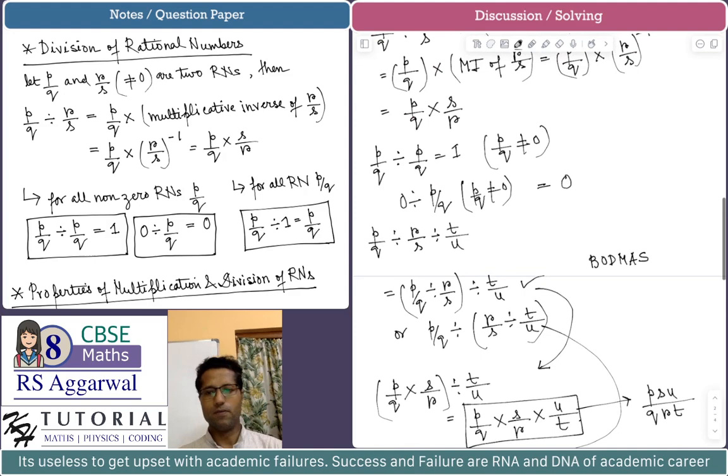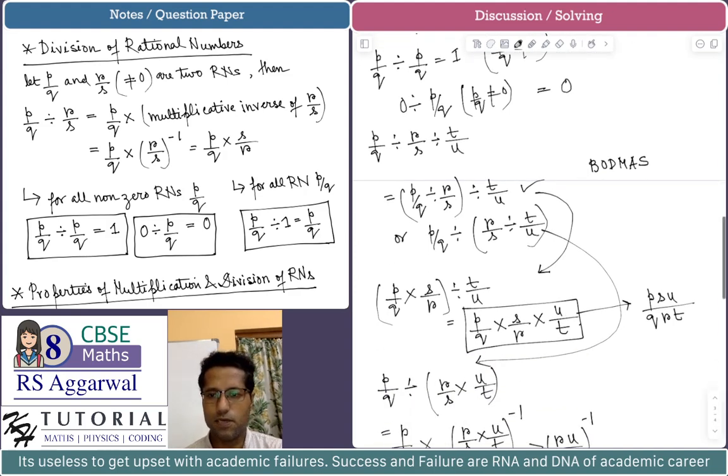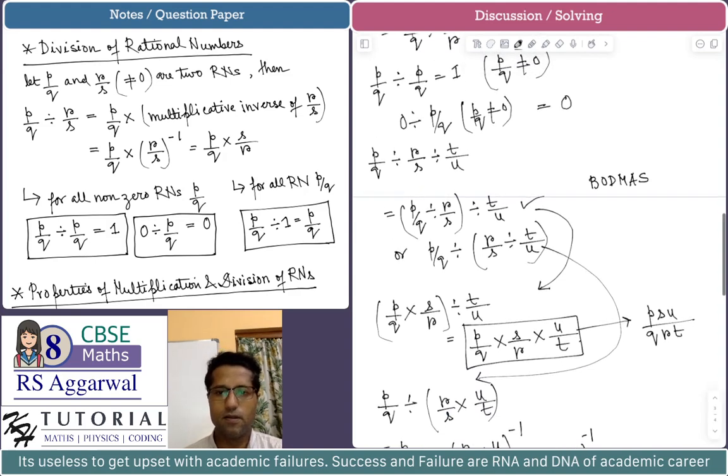So you have to be careful when evaluating this kind of expressions having multiple divisions of 3 or more rational numbers. Now, in my opinion, the result PSU by QRT is the correct one.